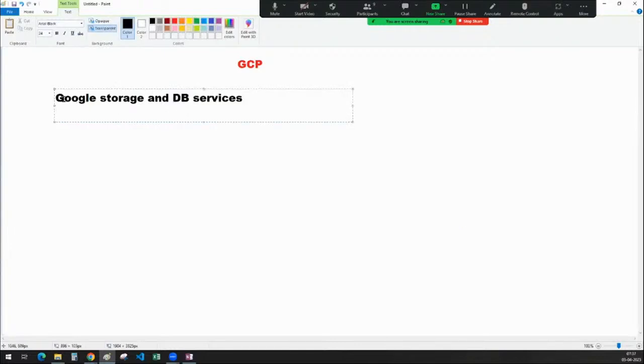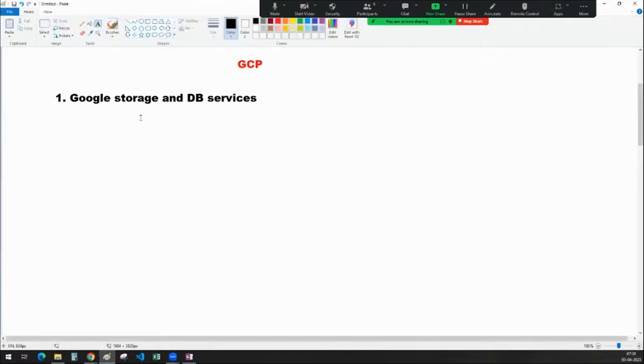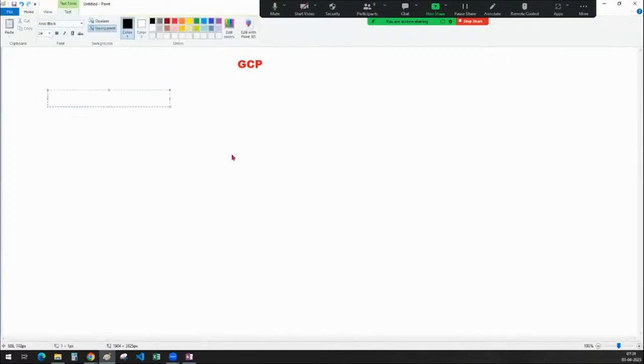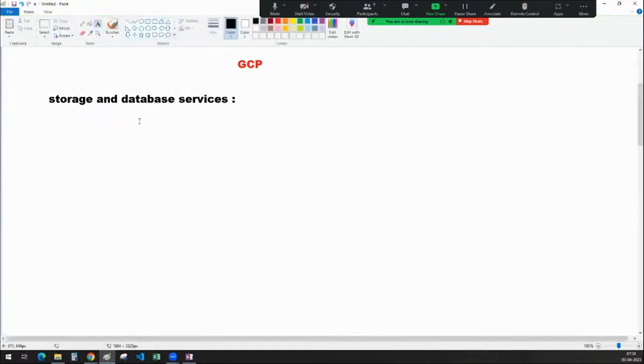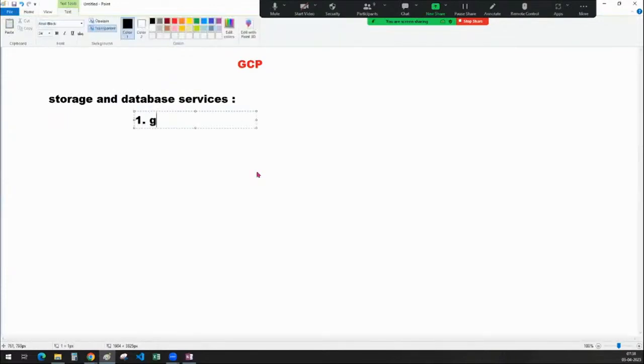This is one point where we will be able to learn storage and database services. In this one, we are going to first see Google Cloud Storage.